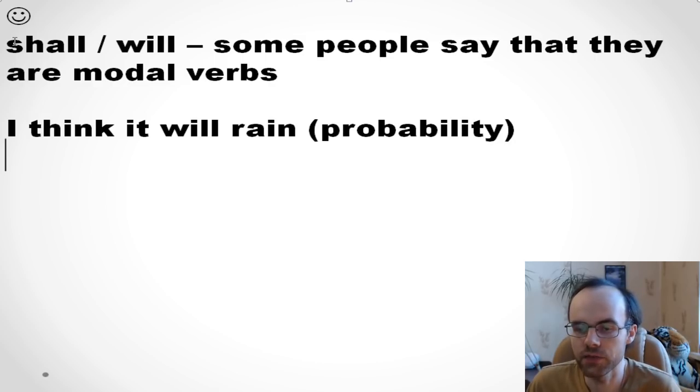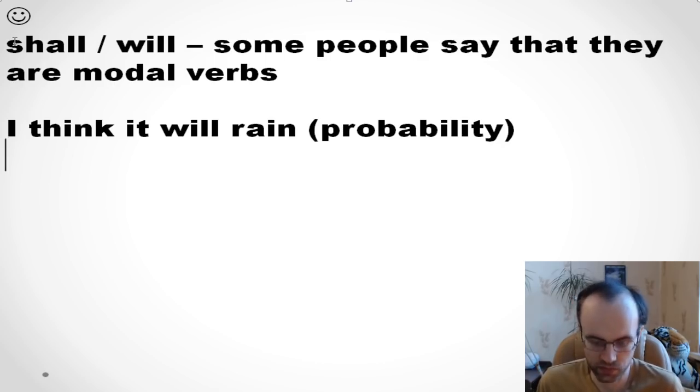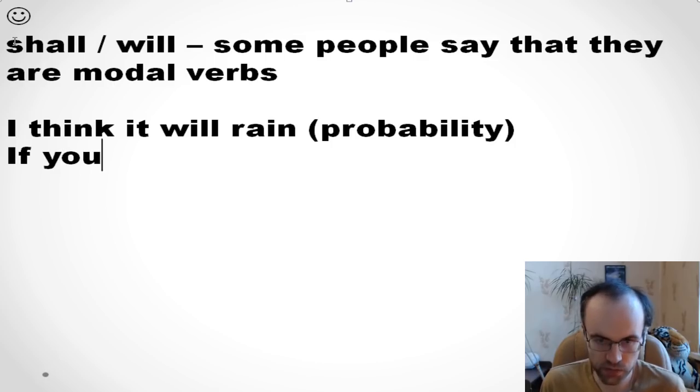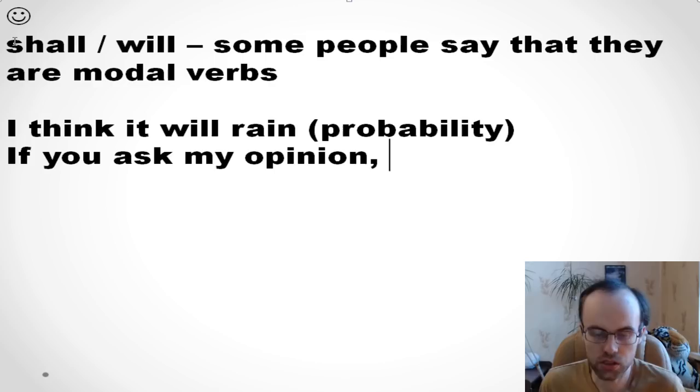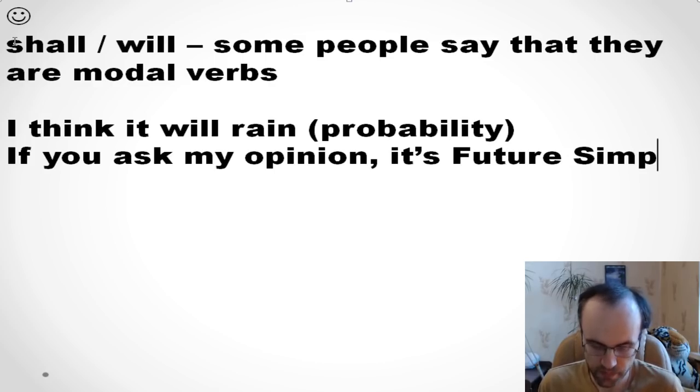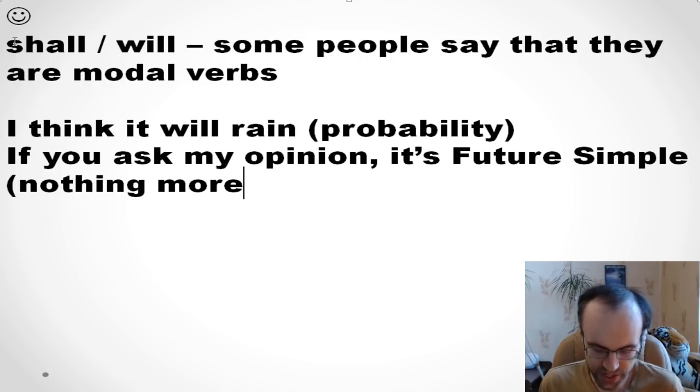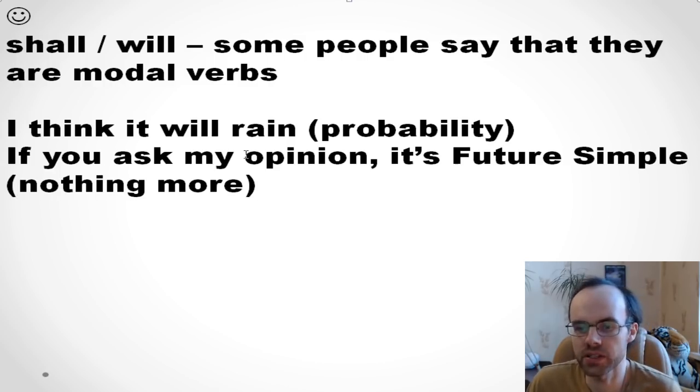But if you ask my opinion, I think it means future simple. It's future simple, nothing more. Yes, we see some probability, but it's future simple. Nothing more and nothing more difficult.